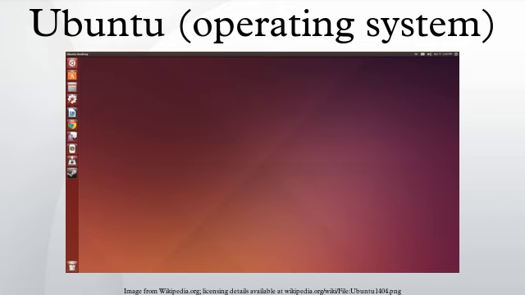Variants. Official Ubuntu editions, which are created and maintained by Canonical and the Ubuntu community and receive full support from Canonical and its partners in the community, are the following: Ubuntu Desktop, designed for desktop and laptop PCs using Unity Desktop Interface.